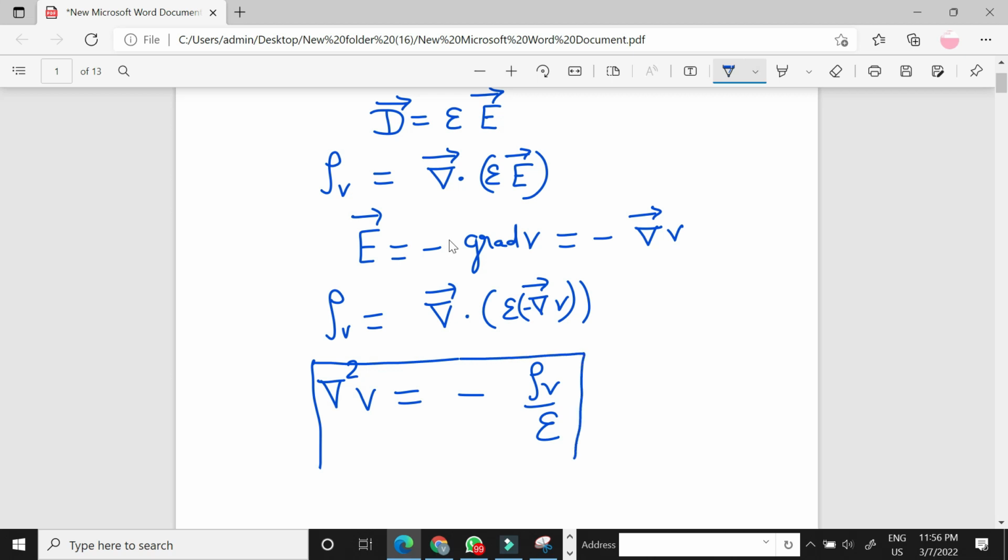Okay, and this equation is known as Poisson's equation.